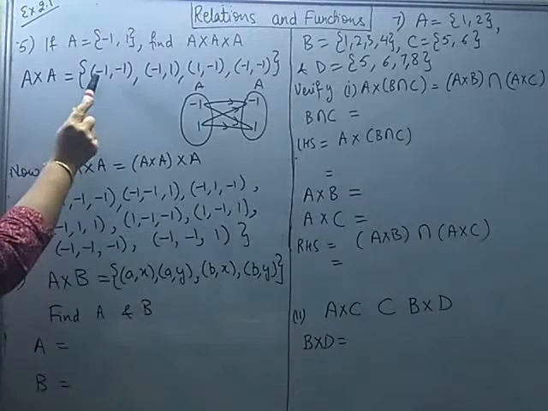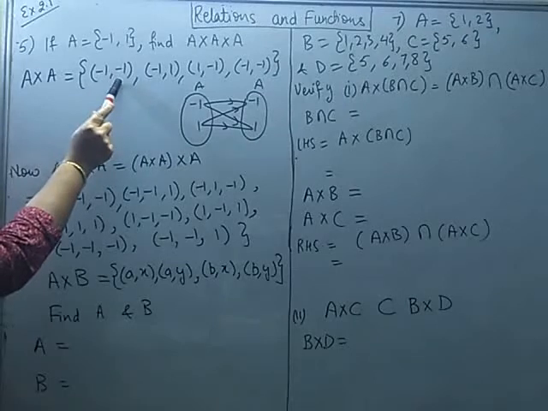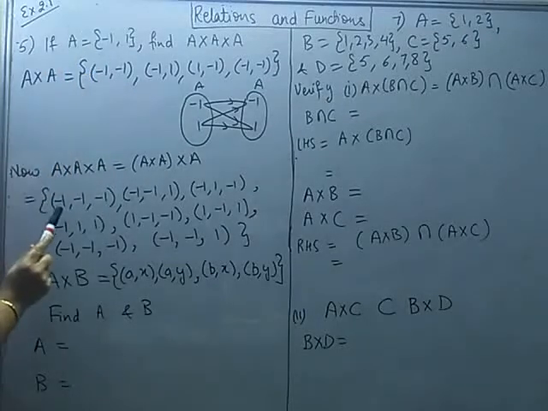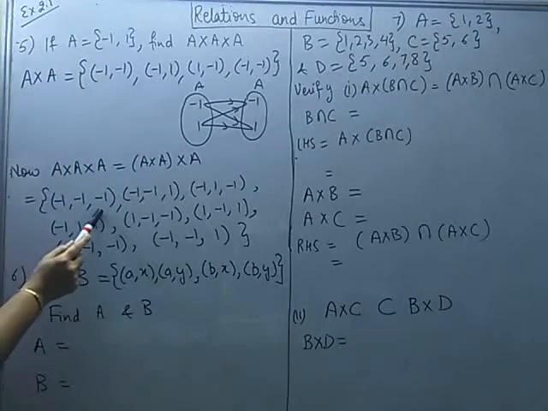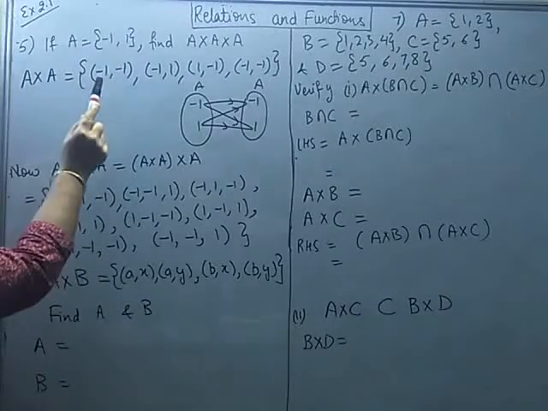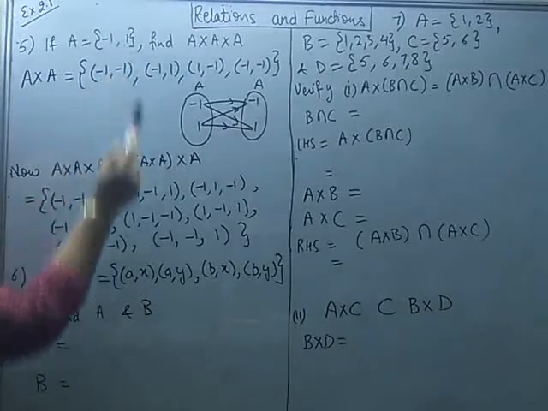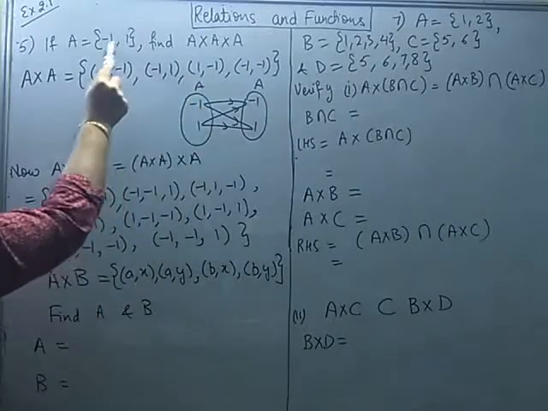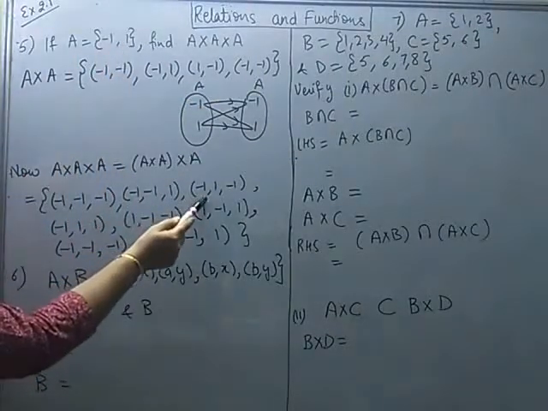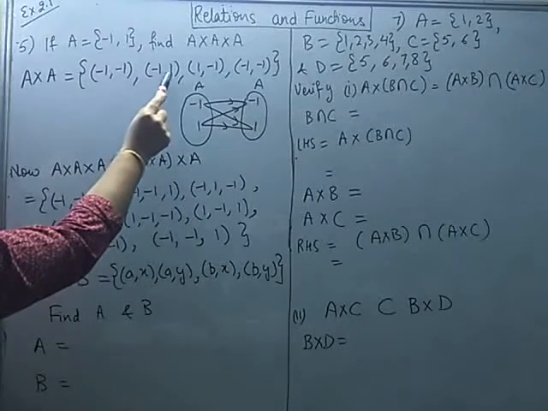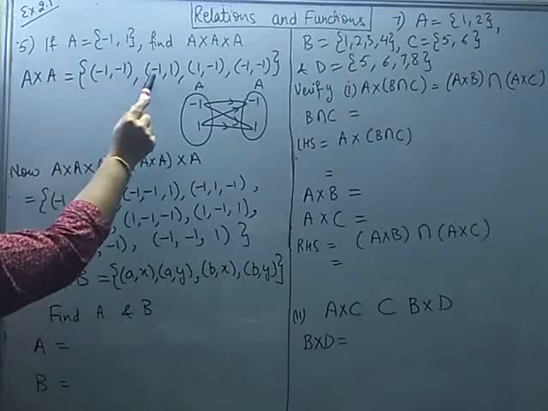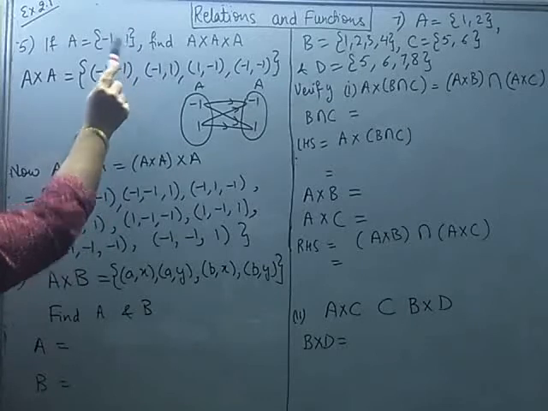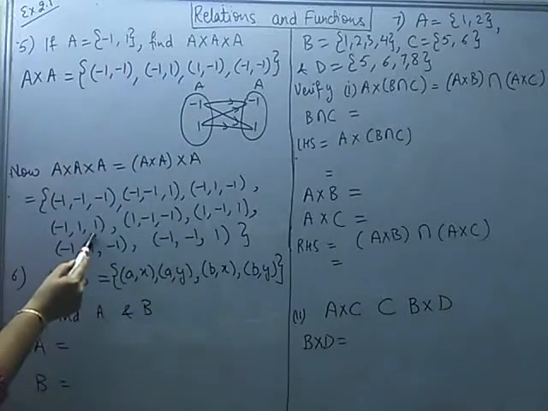See the first one, it was minus 1, minus 1, and it is pairing with minus 1. So this is how it can be written. Then this pairs with 1, so minus 1, minus 1, 1. Like this you pair all the ordered pairs with minus 1 and 1. The third one becomes minus 1, 1, minus 1. Then minus 1, 1, 1. So 4 pairs we have written.